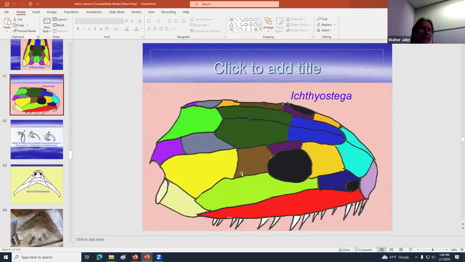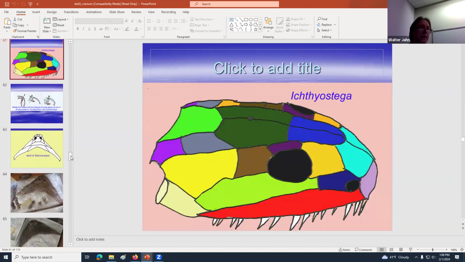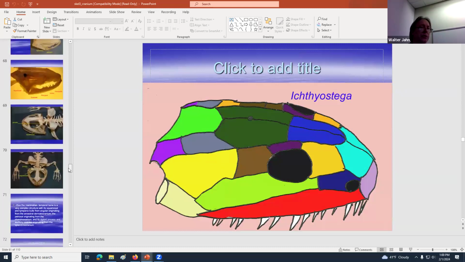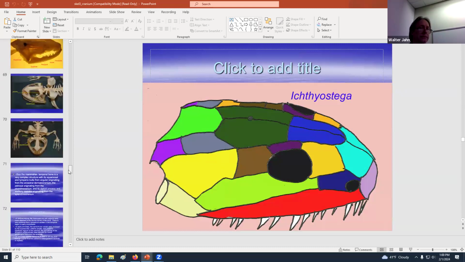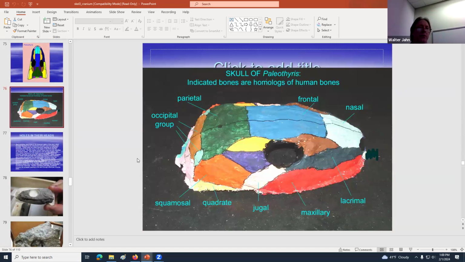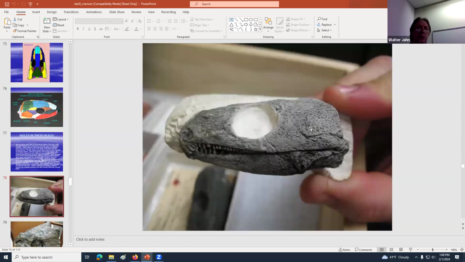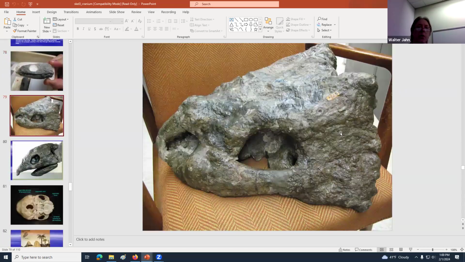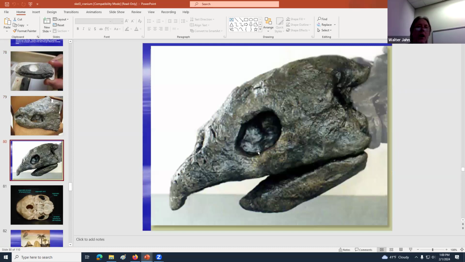So the first amphibians, no hole in the temporal region. Okay. We then get to the first reptiles, no hole in the temporal region, no hole there. So notice there, no hole there. This is what's called an anapsid. Early turtles, no hole.